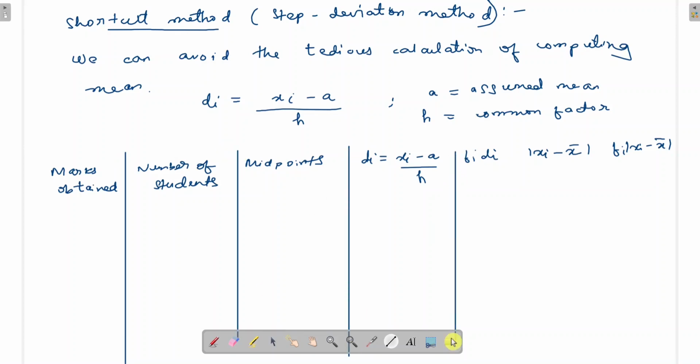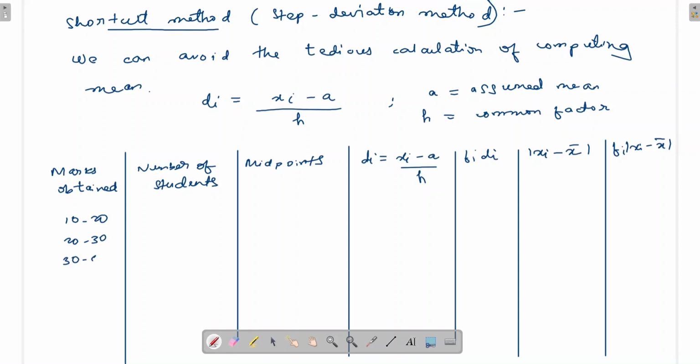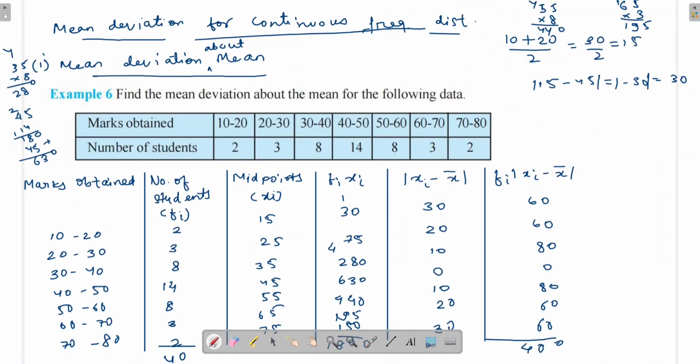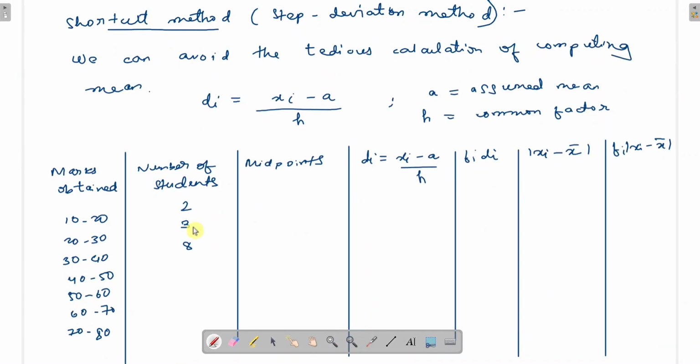So let us divide this by lines here. And the marks obtained are 10 to 20, 20 to 30, 30 to 40, 40 to 50, 50 to 60, 60 to 70, 70 to 80, and the number of students are 2, 3, 8, 14, 8, 3, 2.